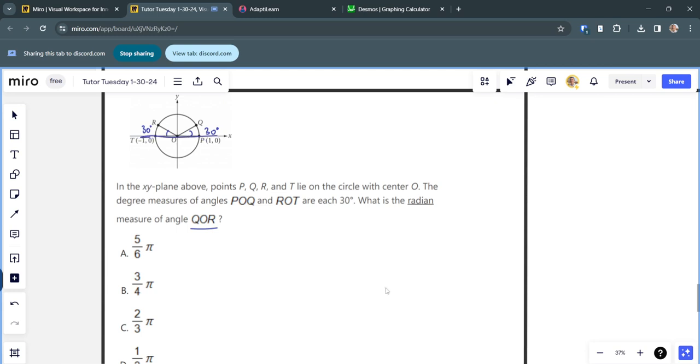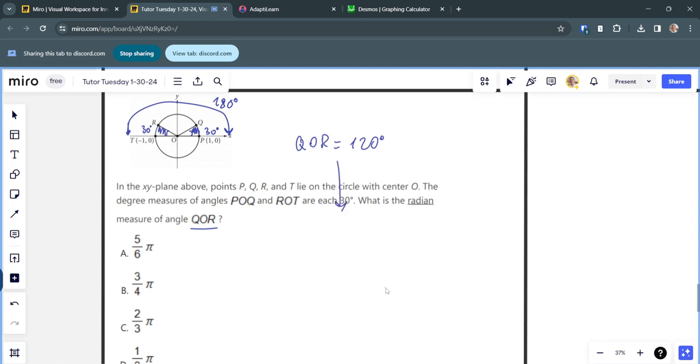I know that a straight line from here all the way over to here is 180 degrees. So QOR is 120 degrees, just subtracting off those two 30s.